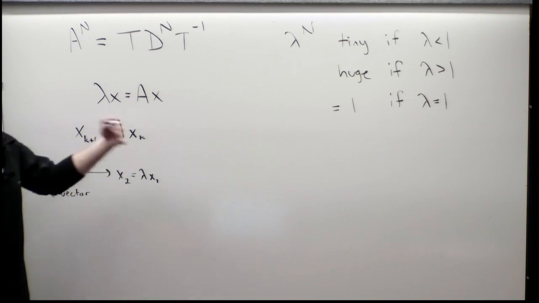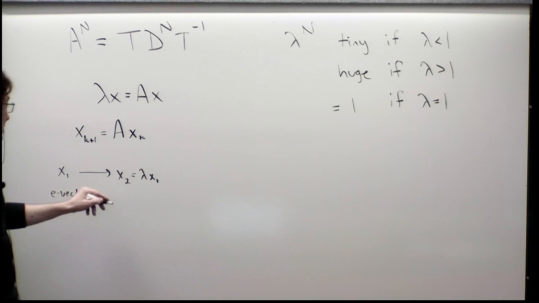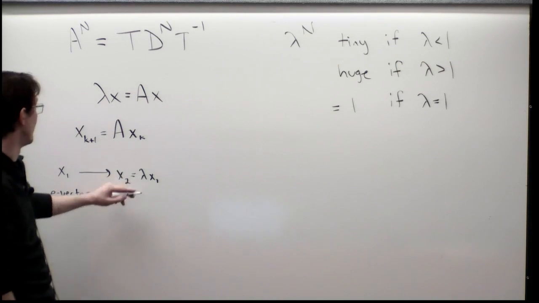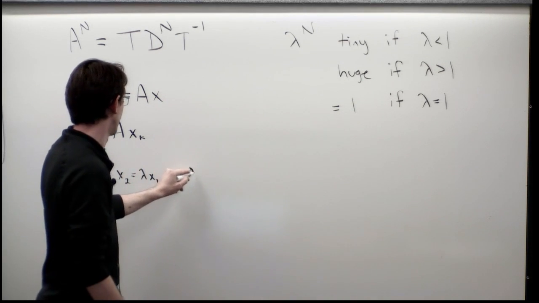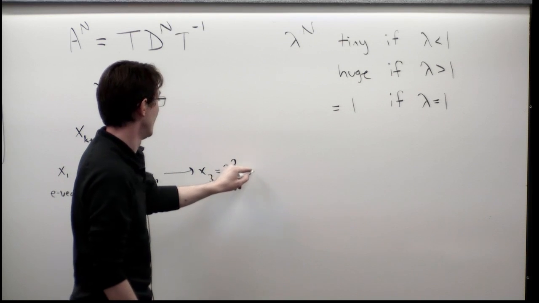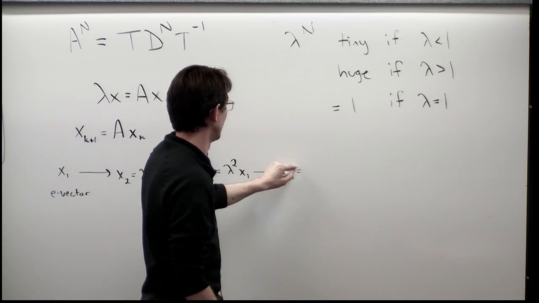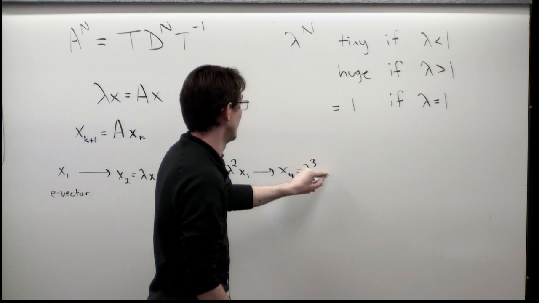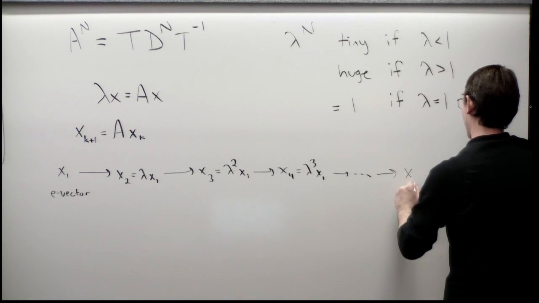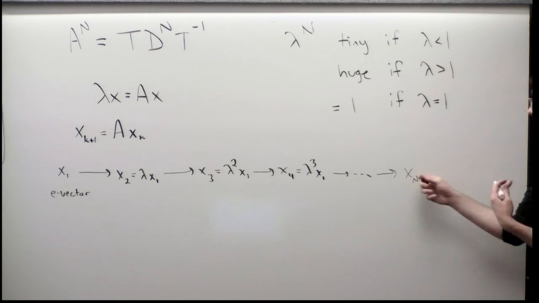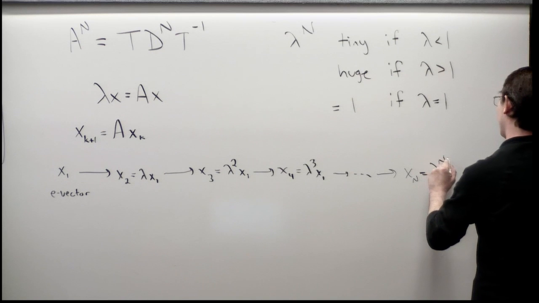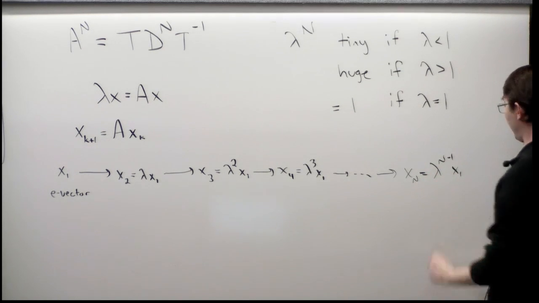If I apply my map A again, my matrix multiplication A again, x2 is still in the eigenvector direction, so I multiply it by another lambda. Okay, so x3 equals lambda squared times x1. x4 equals lambda cubed times x1, and so on, so that my x, after n iterations, is equal to lambda to the N minus 1 times x1.